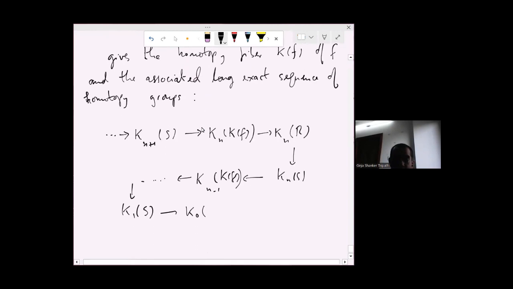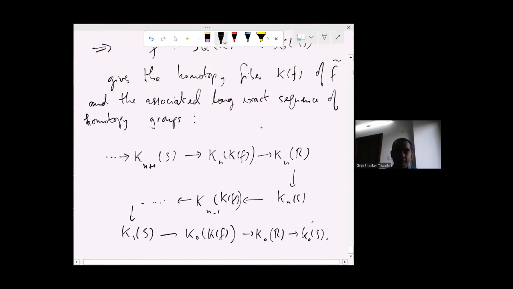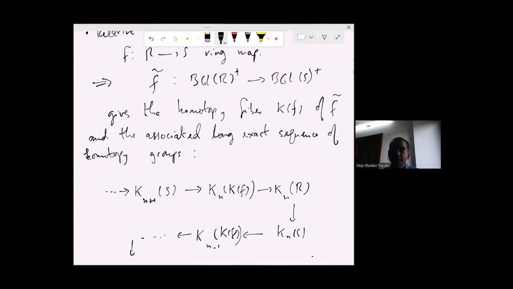If we do this, then the place where this sequence will end will look like this: K0 F, and from here K0 R to K0 S. So in a way, by taking the homotopy fiber of the induced map on plus constructions, we get this long exact sequence of the K groups.